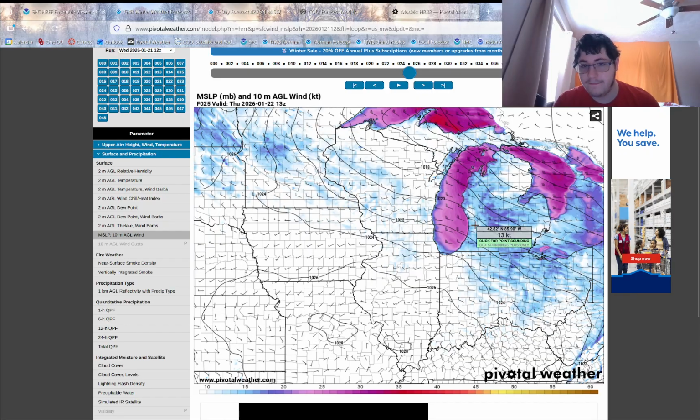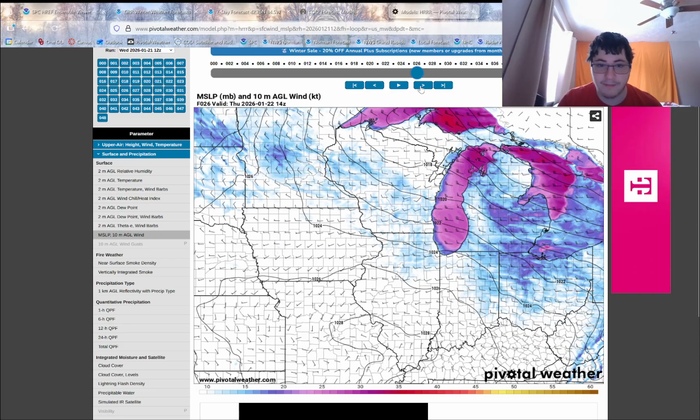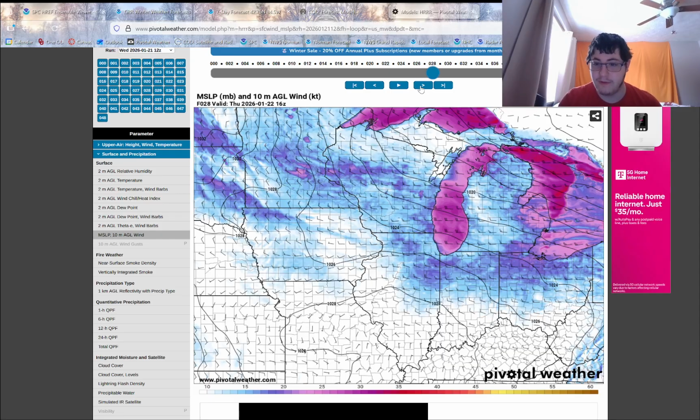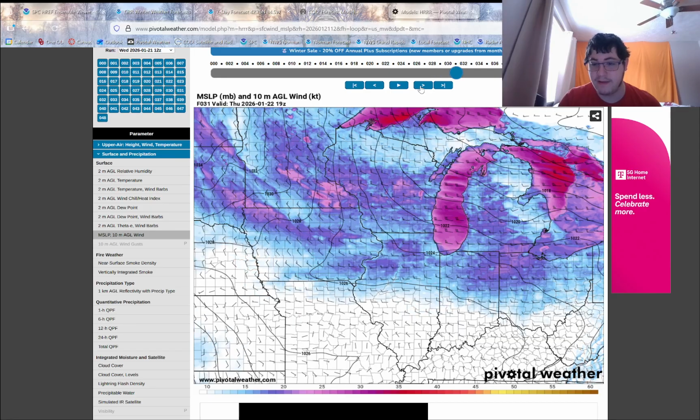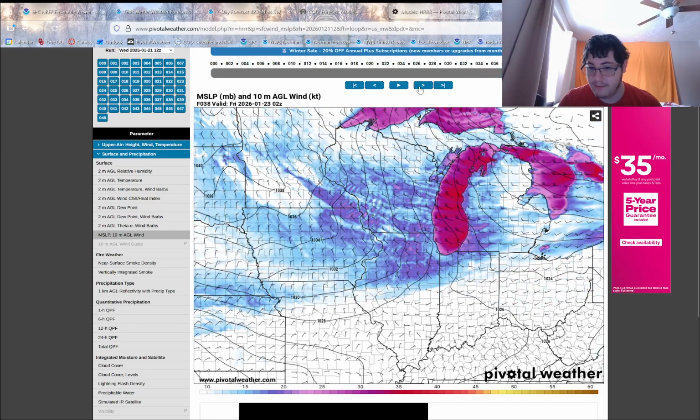And then it looks like for us, we may have some of those stronger winds in our area, 15-ish miles per hour, maybe up to 20. Tomorrow morning is when that looks like it's going to be maximized, and then through tomorrow, we're going to see some more winds just through the day in general.